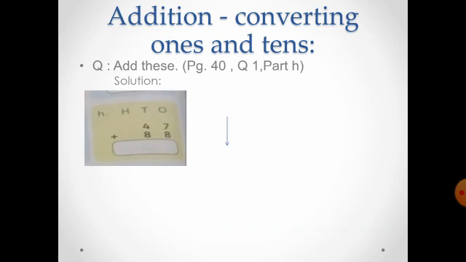Solution. For the solution you need to look at the question. Question number 1, part H. The picture is given to you. In the picture, ones, tens and 100 is written, and in the ones and tens columns 47 and 88 are written, and along with the sign of plus, it means that we need to add these.